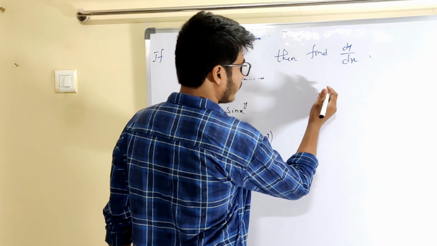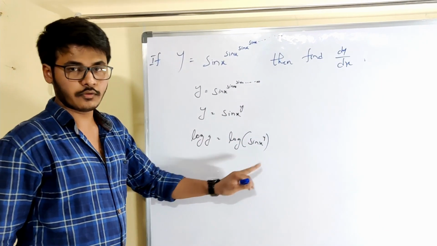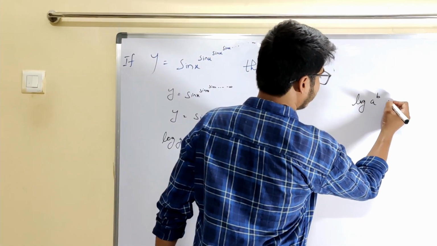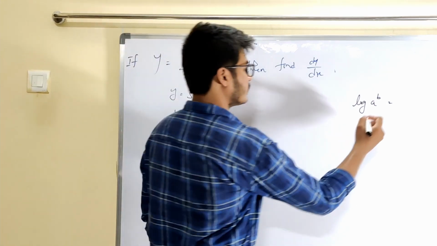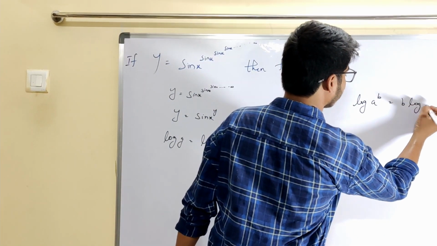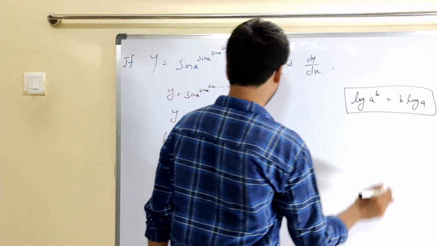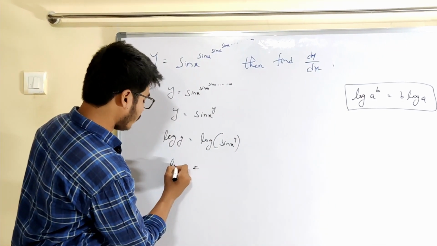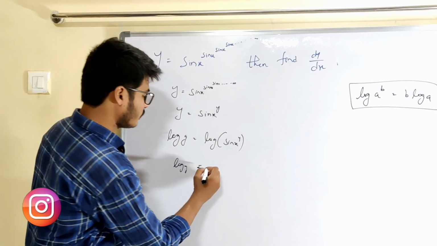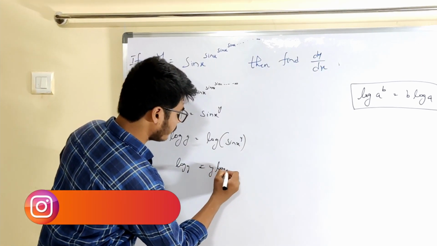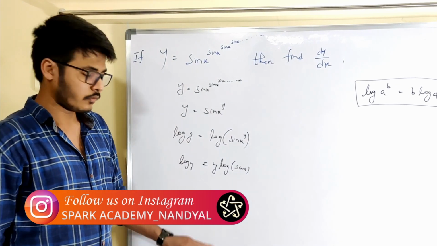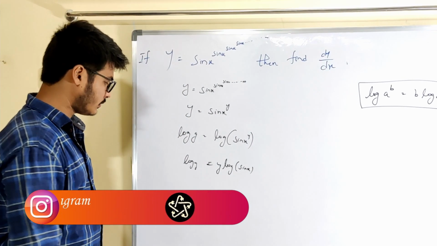We know log of a power b can be written as b log a. So we apply this here. Log y is equal to y log of sin x. Now we differentiate on both sides.